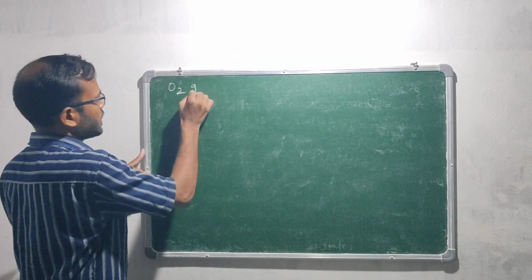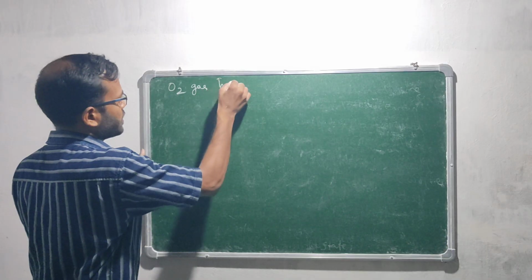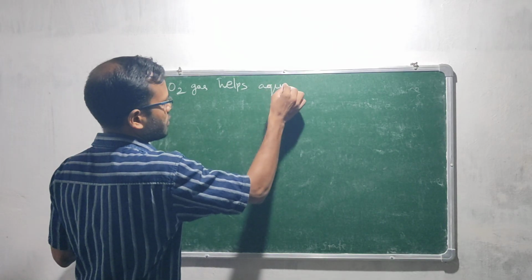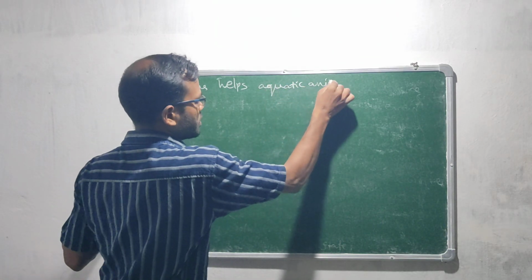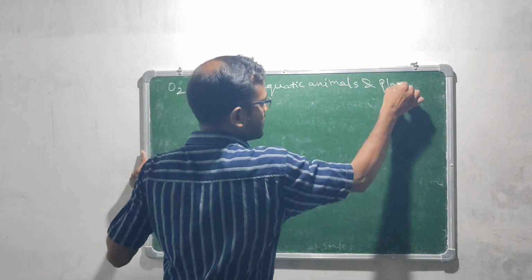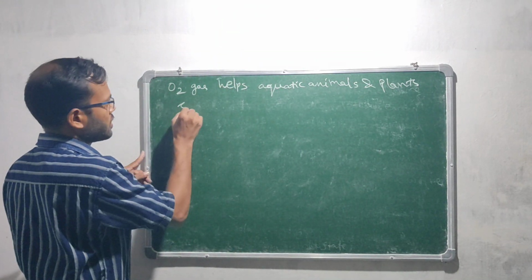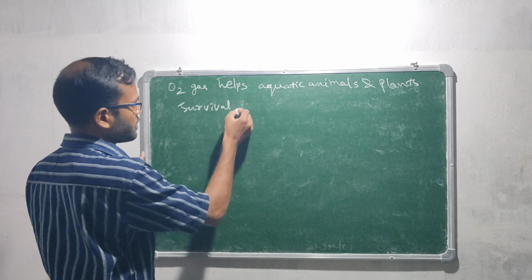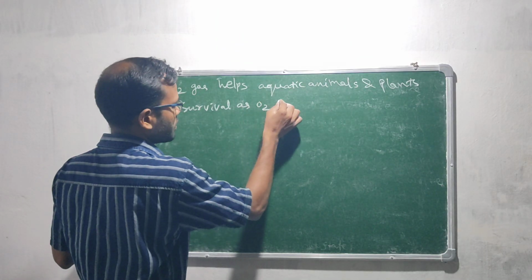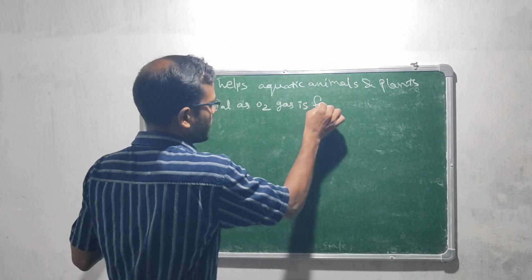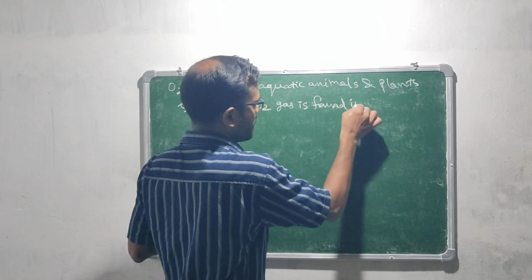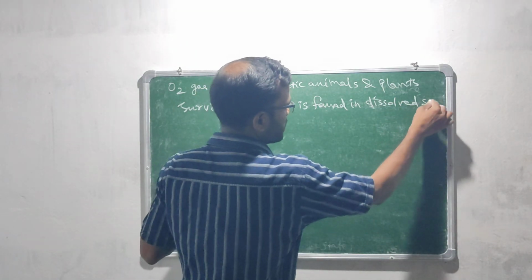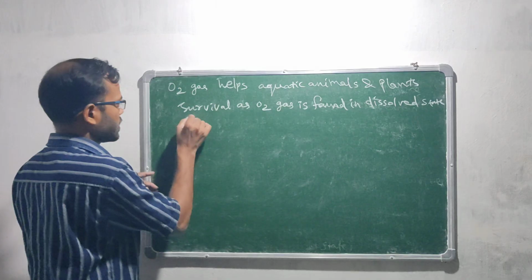So O2 gas helps aquatic animals and plants survive, as O2 gas is found in dissolved state in water.